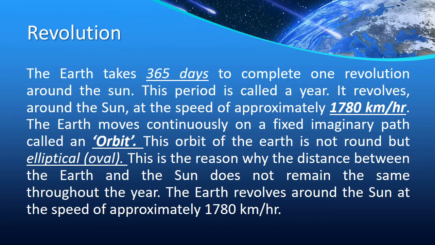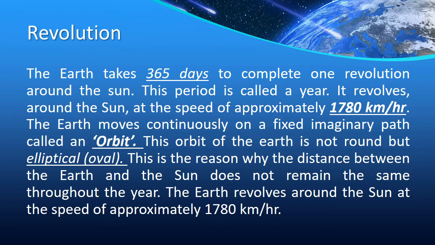If you remember, the distance between earth and sun is around 150 million kilometers, but this does not remain the same. Sometimes it is closer than that and sometimes it is farther. Because of this orbit, the distance changes.